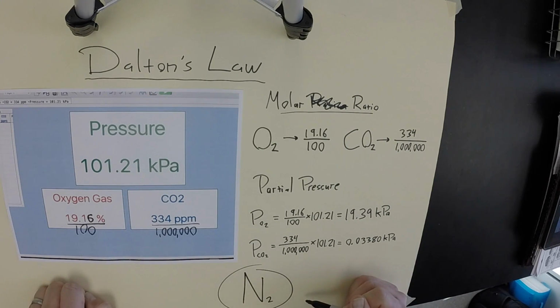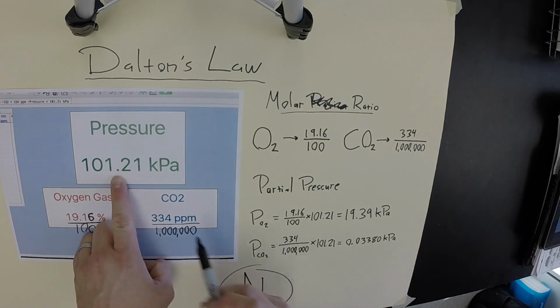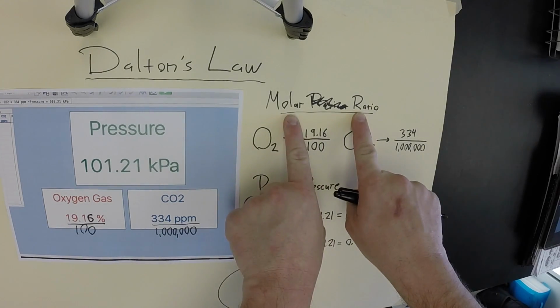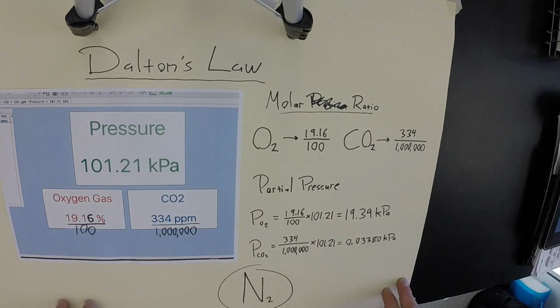The other 80 or so kilopascals of pressure in the atmosphere, most of those are being caused by nitrogen. So Dalton's law: partial pressures added together equal the total pressure of a gas mixture. And in this example, we can use the molar ratio to figure out the partial pressure of specific gases. Okay?